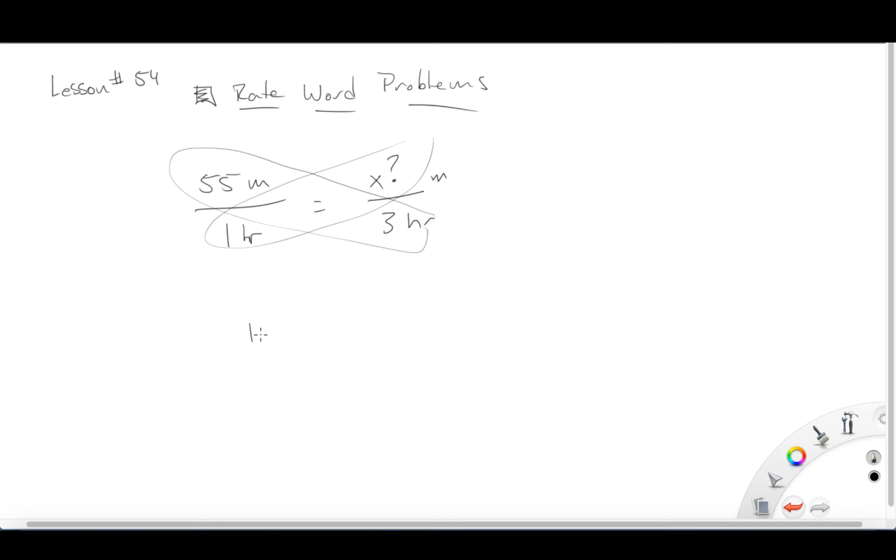So it's 1x equals 3 times 55. Well, 3 times 55 equals 165. So x equals 165. 1x is the same as saying x, so you don't need to actually show that. So that's a pretty easy example, but we're using the same work that we did yesterday.